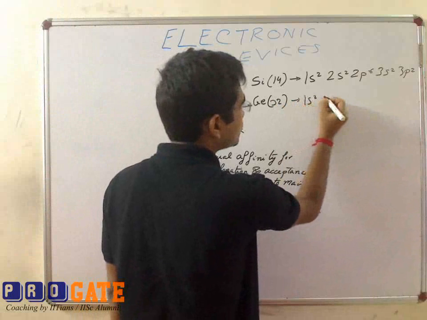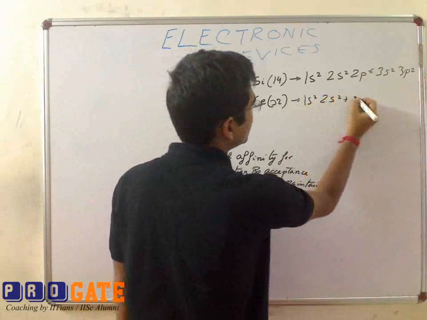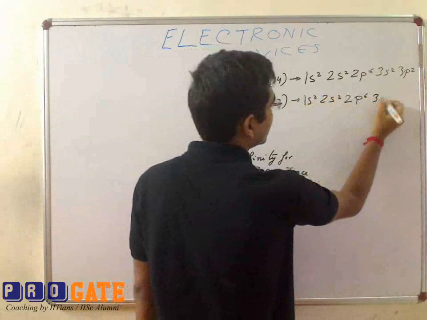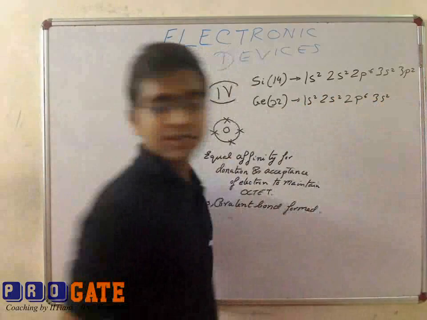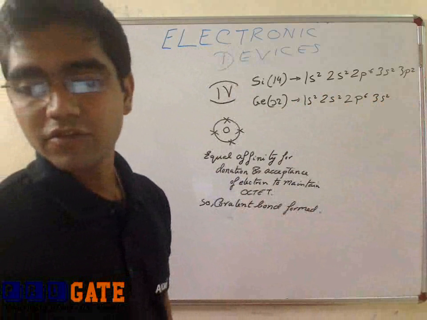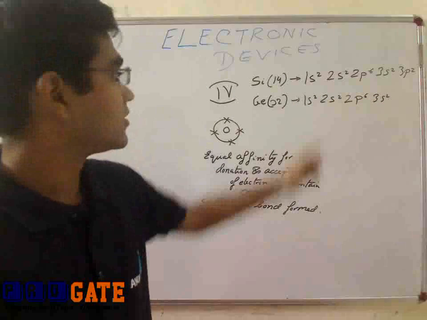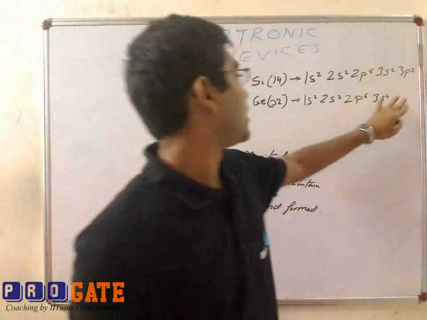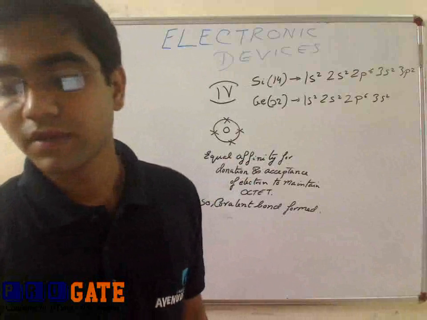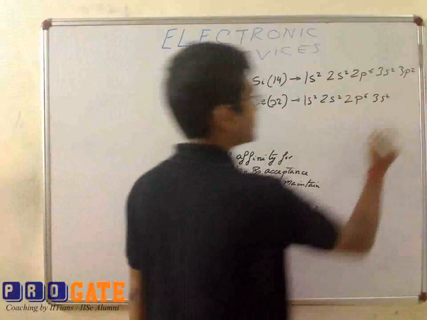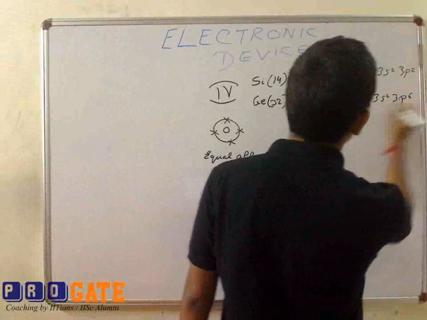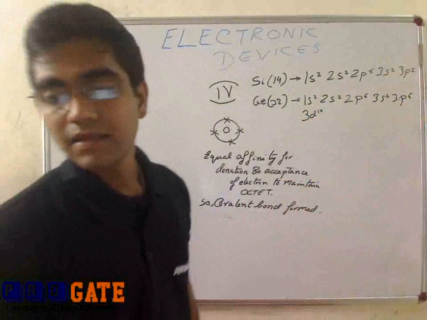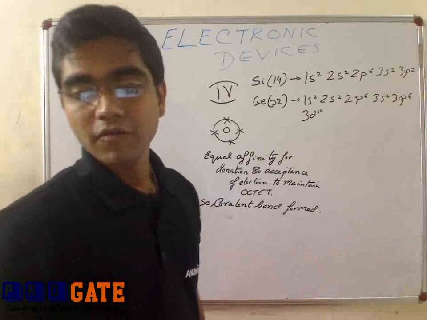That's 1s2, 2s2, 2p6, 3s2, 3p6, 3d10, 4s2, 4p2.